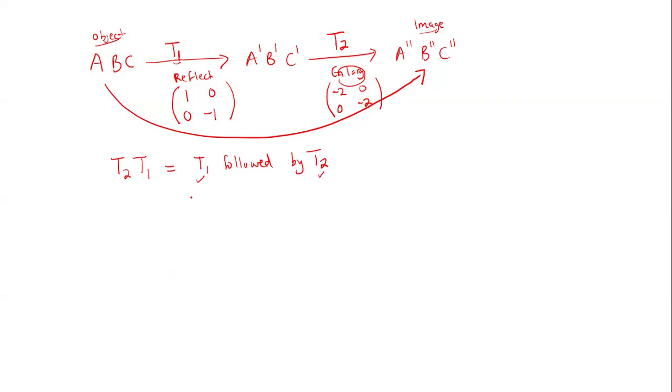So to get that single matrix that will take us back, we are going to multiply those two matrices, but we shall start with the last transformation we did. The last transformation we did is [-2, 0; 0, -2]. And then we are going to multiply it with the first matrix, which was [1, 0; 0, -1]. So that is the matrix multiplication we are going to do. Can I first ask you to multiply it yourself before we do it together?